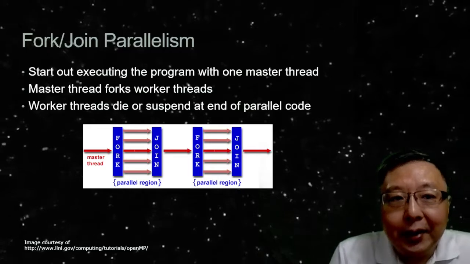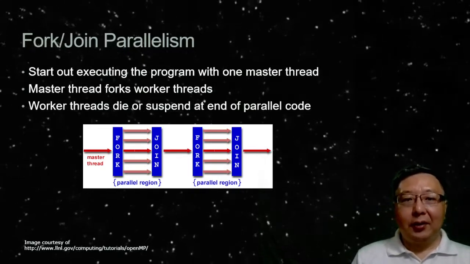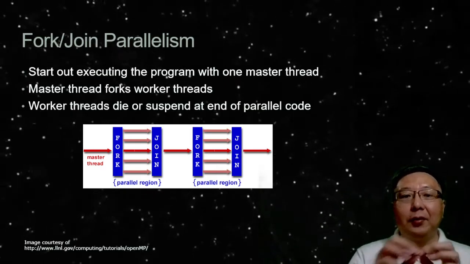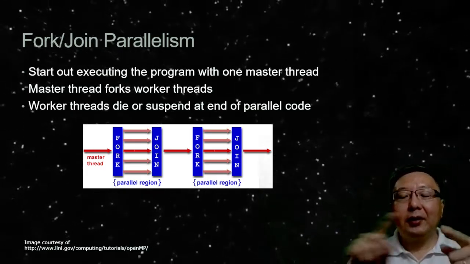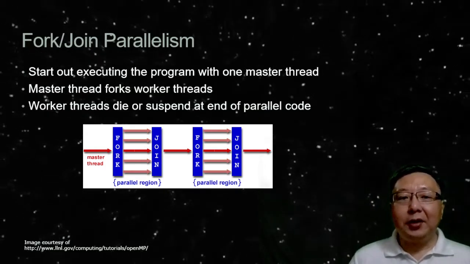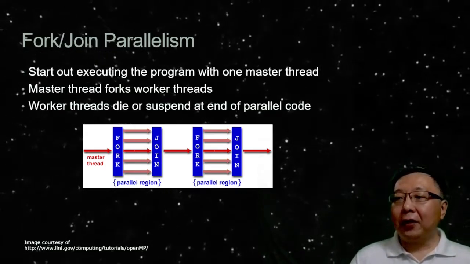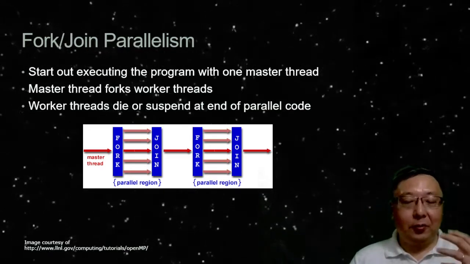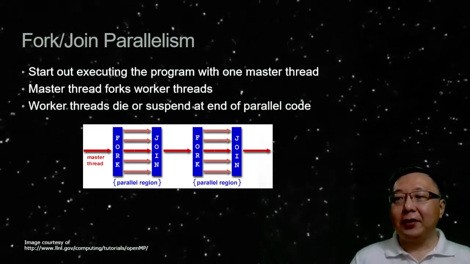Now, the way that OpenMP does things is that you start out with one thread, and this one thread will work normally like in a normal C program until it reaches this fork. There's a fork where it says, okay, I'm going to fork it into a bunch of different threads.